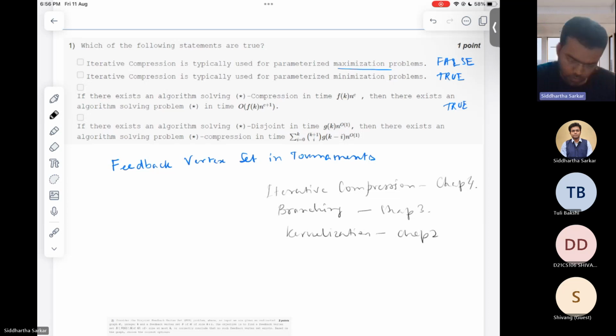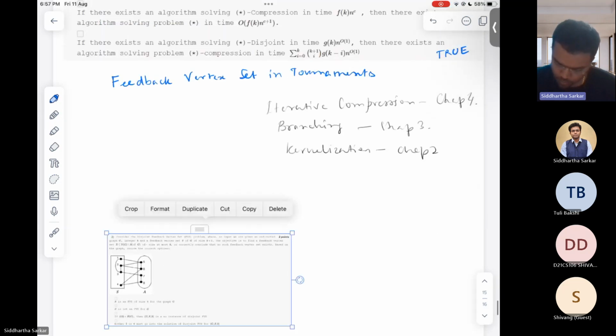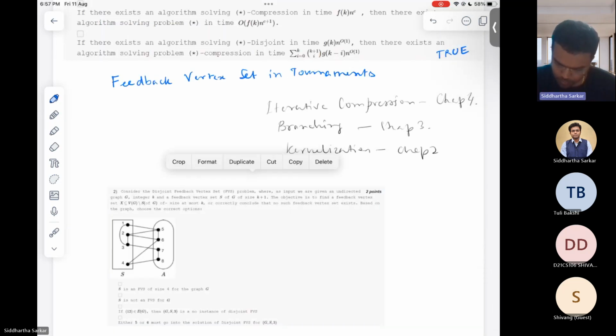Okay, so these two are direct things, so these two are also true. If you want to know why, then you read the corresponding theorems in the book. Okay, so let's move to the next question. I'll let you read the question for a while.